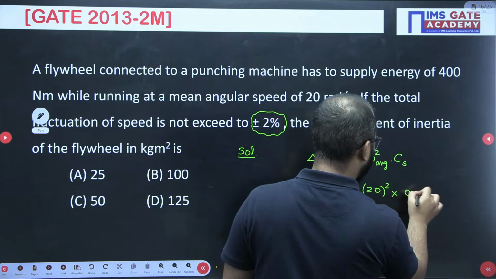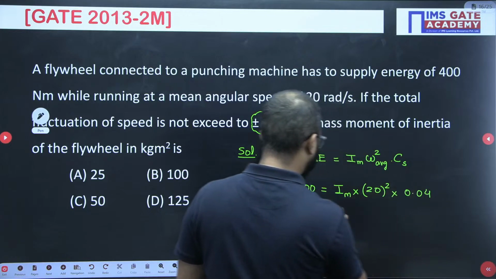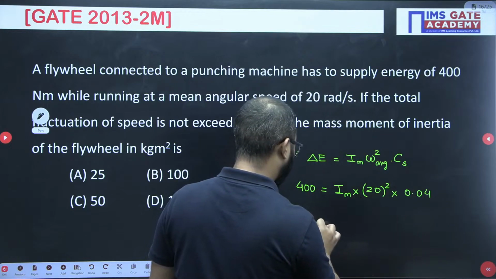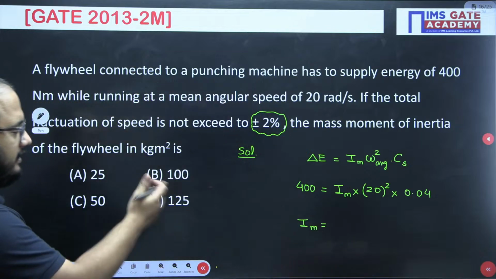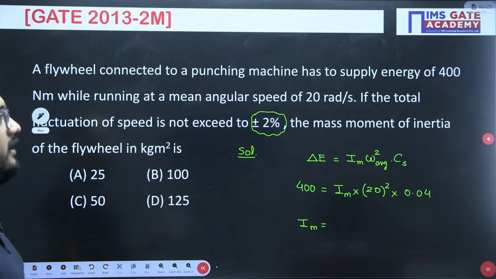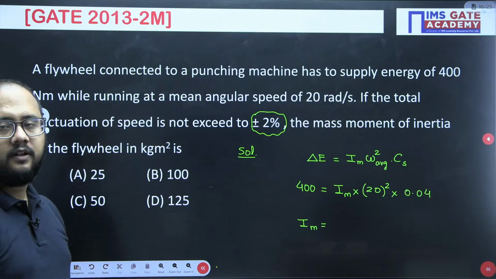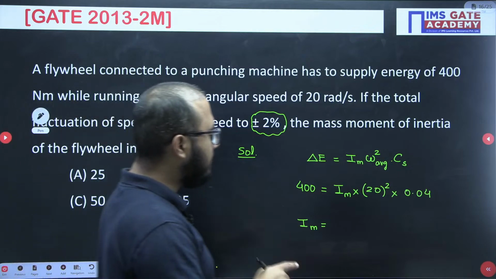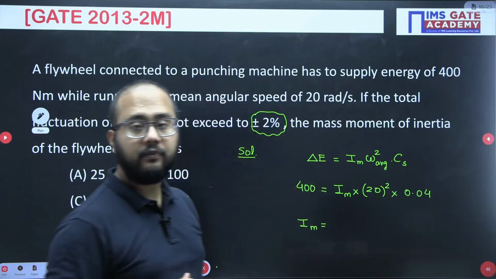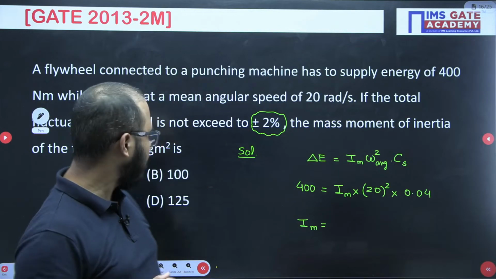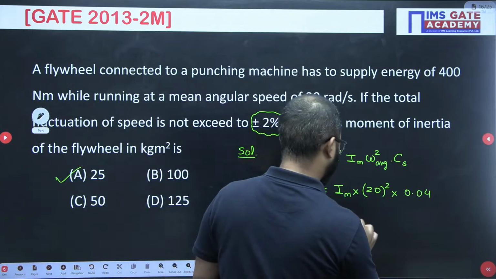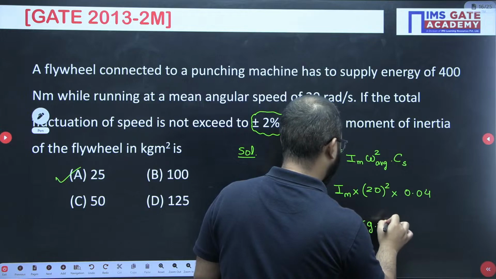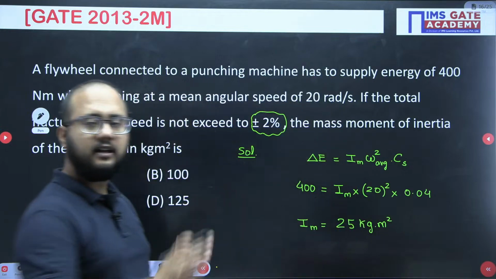Cs value will be 0.04. 20 square will be 400. That will get cancelled out. So 1 divided by 0.04, which means 100 divided by 4. 100 divided by 4 will be 25. So option A is the correct answer here, in kg meter square.